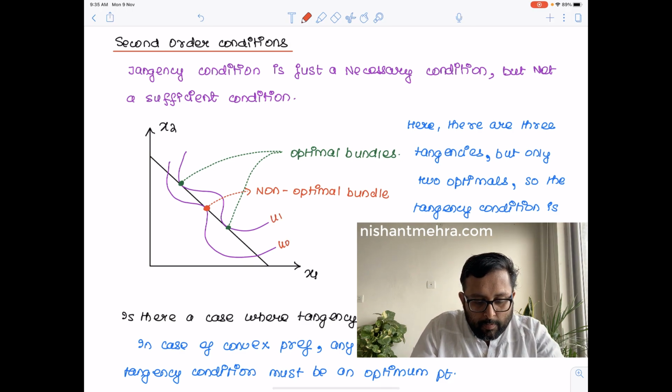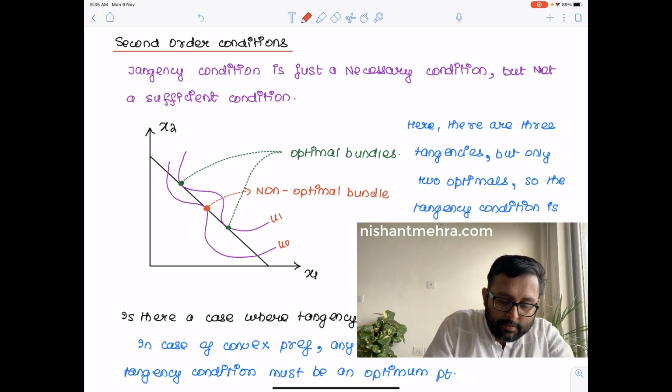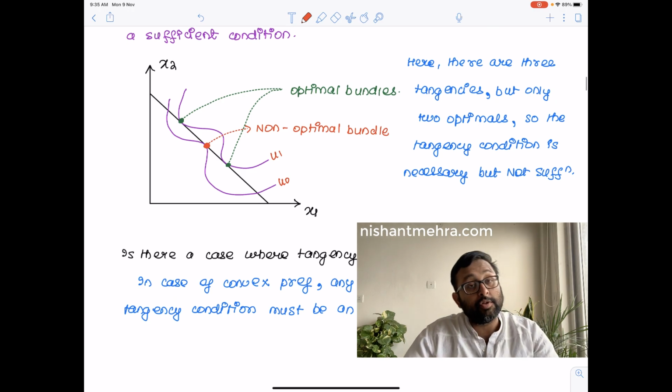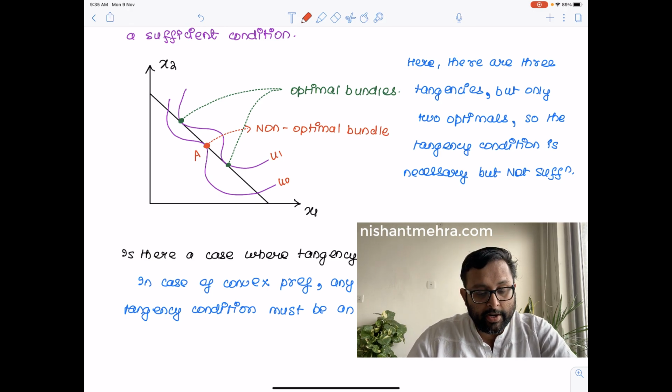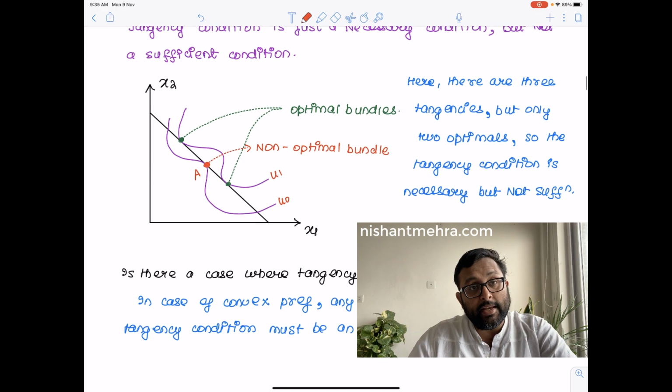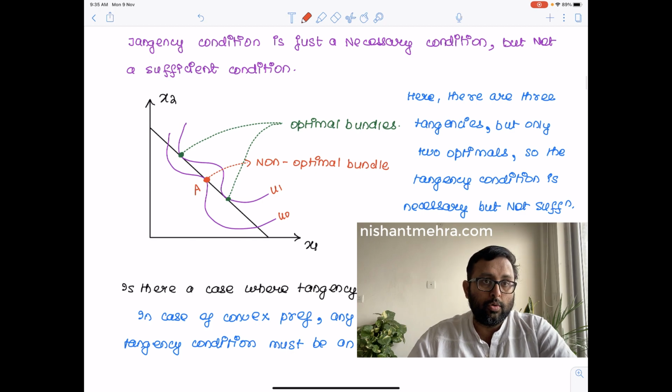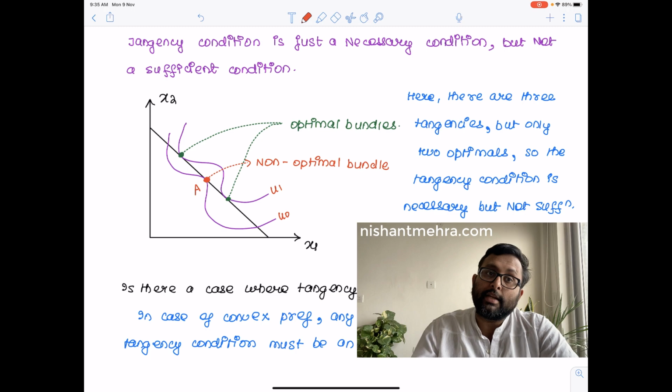Now, if you look at it, this point A, it's also a tangent point, right? It's also a tangent point. But at this point, the utility is not maximized because given this utility curve, you can go beyond it, right? You can go beyond it. So tangency is there at point A also, but that's not optimal. So tangency is just a necessary condition.